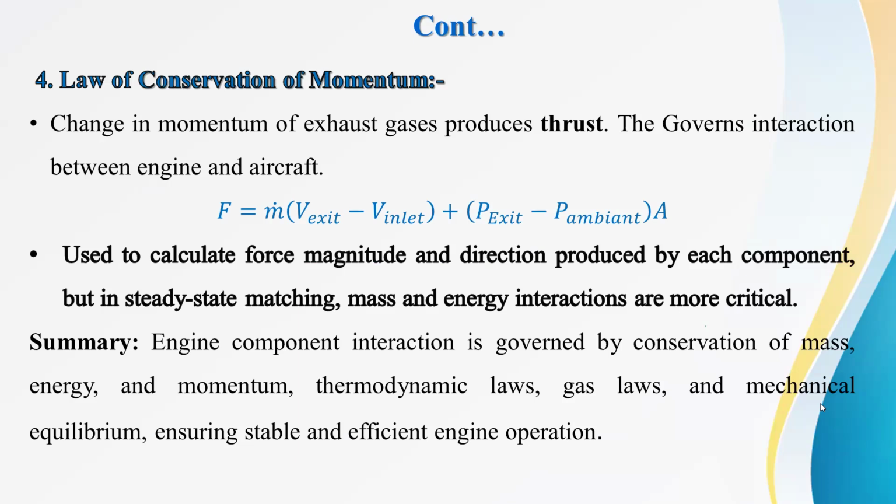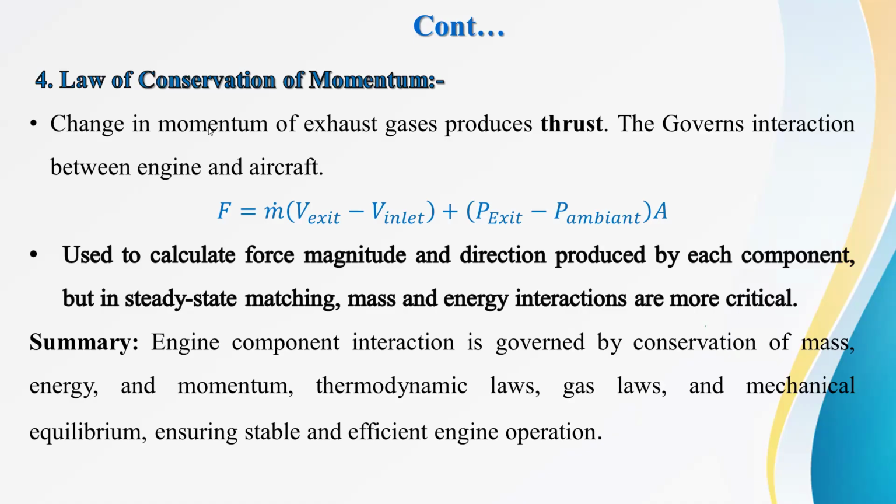Again, the law of conservation of momentum should also be conserved here. As we know, the change in momentum of exhaust gas produces thrust. So the thrust production is due to the momentum change. The governing interaction between engine and aircraft is the thrust force, which is the mass flow rate, mass of air plus mass of fuel, times exit velocity minus inlet velocity, plus exit pressure minus ambient pressure times the exit area.